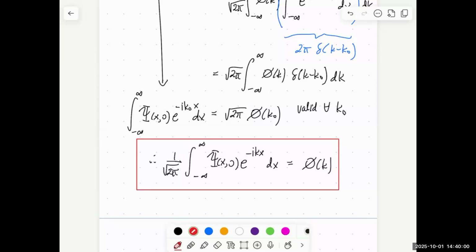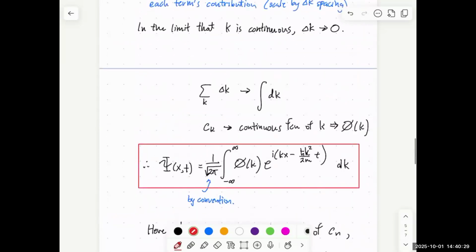Really, we're just calculating the area under the function of phi times the exponential. And so that just returns some number that's independent of x in the end. But it will depend on k. Okay, so if I change k, I'll get different answers when I evaluate the integral. So we put in a function of x, we evaluate the integral, and we get a function of k returned.